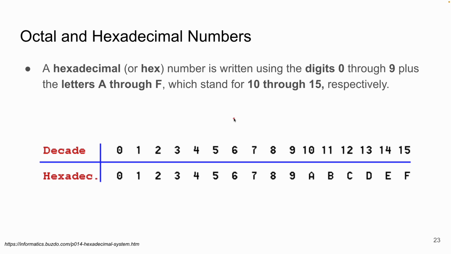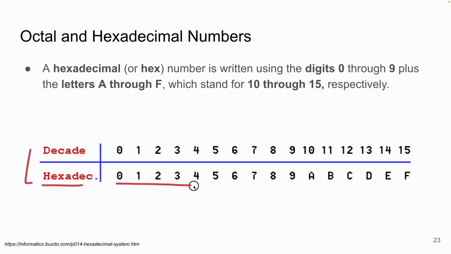So actually, we use the same strategy to convert the hexadecimal number into a decimal number. But for the hexadecimal number, it's more complicated because it needs to have 15 numbers in the hexadecimal number. So this is the table to show you the value of each hexadecimal digit in decimal number.